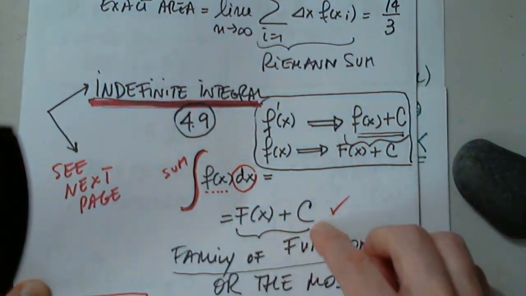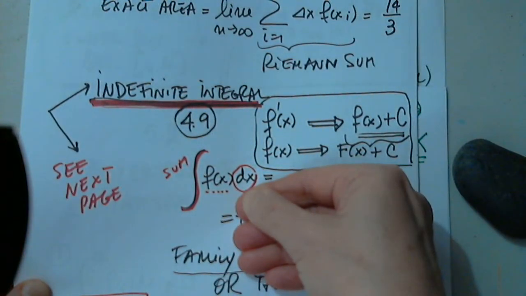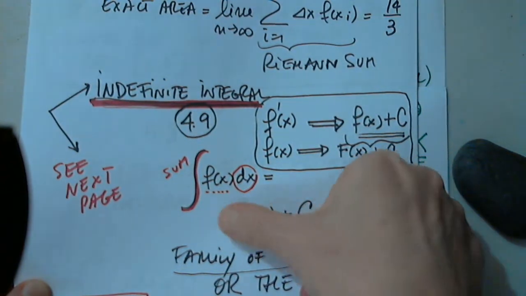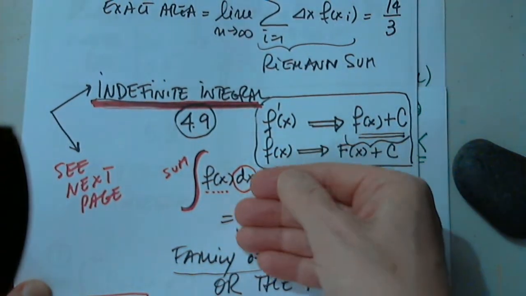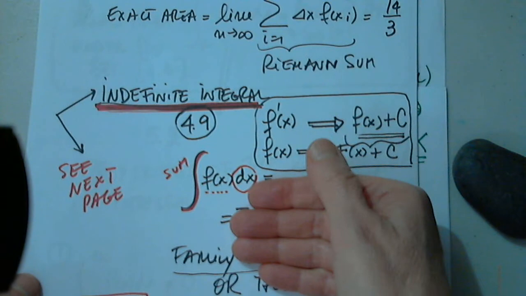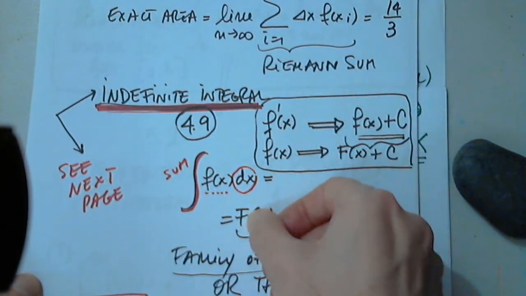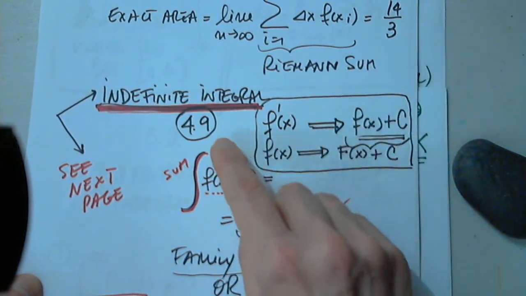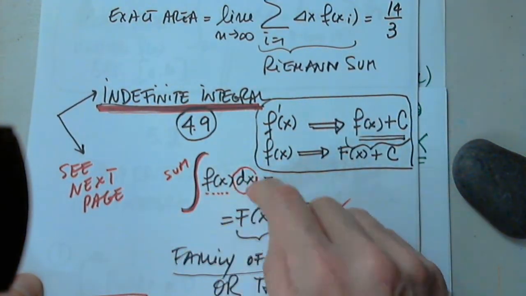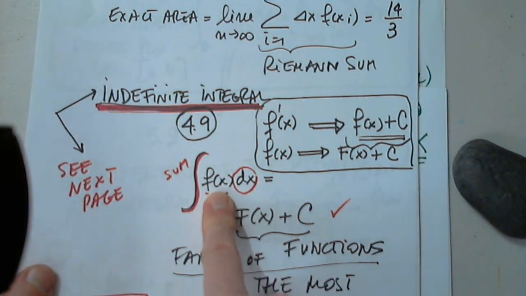If I differentiate this side, I have to differentiate the other side. And when I differentiate this, the integral symbol and the dx go away, and I recover the function.